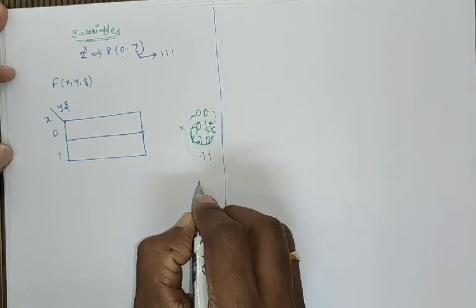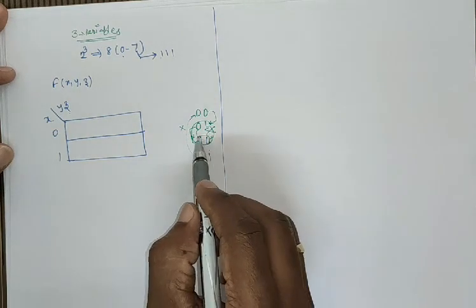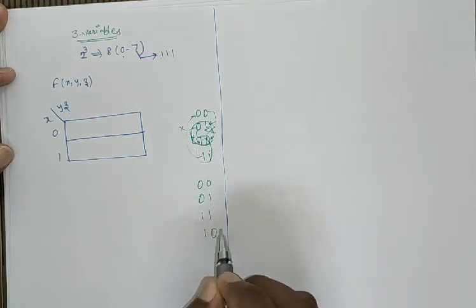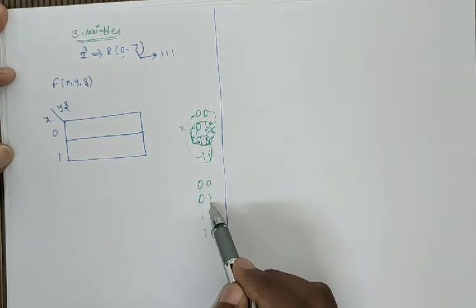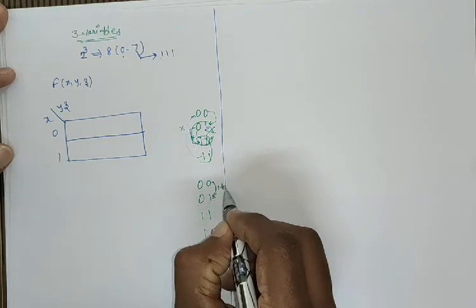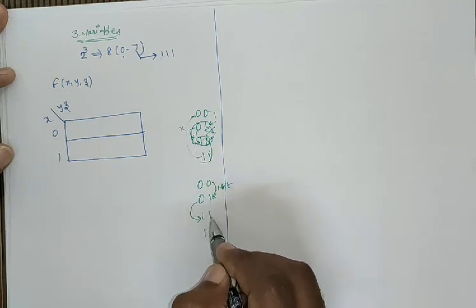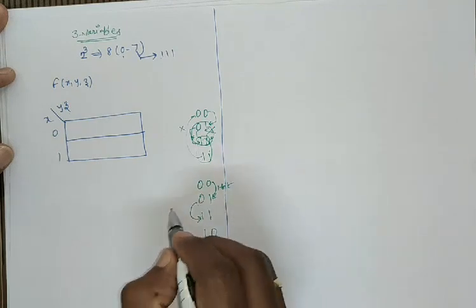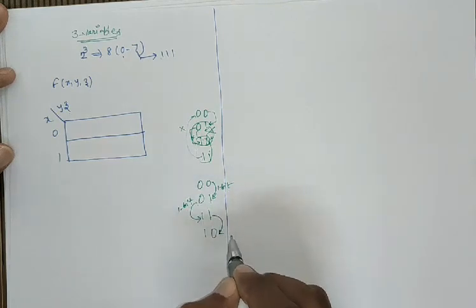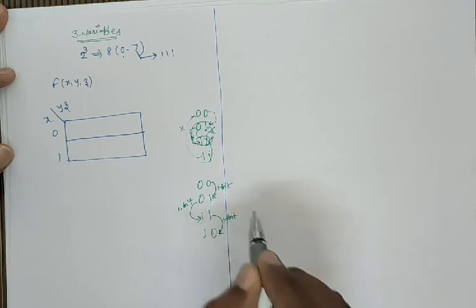Now we will see. 00, 01, then interchanging these two positions, 11, 10. Now we have to check 00 and 01: how many bits are changed? Only one bit. Like the same, 01 and 11: this position is fixed, this position is variable, only one bit. Next, 11 and 10: this position is fixed, this position is variable, only one bit change.